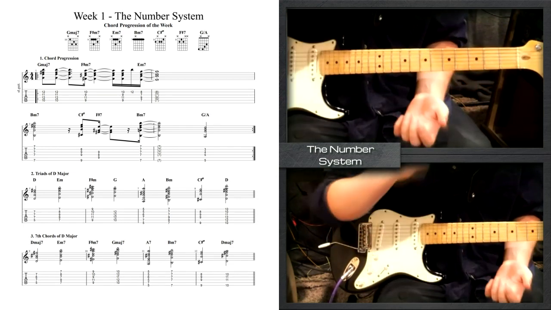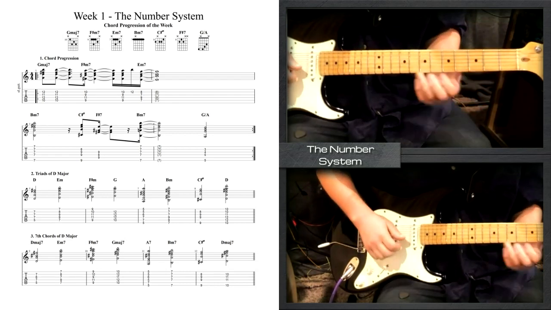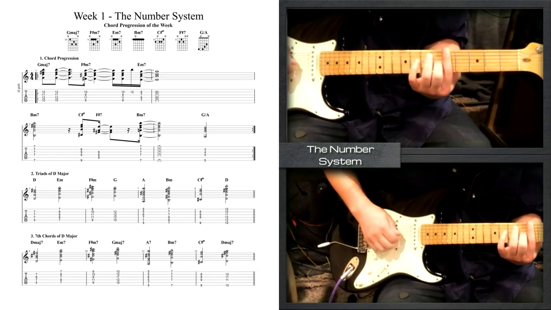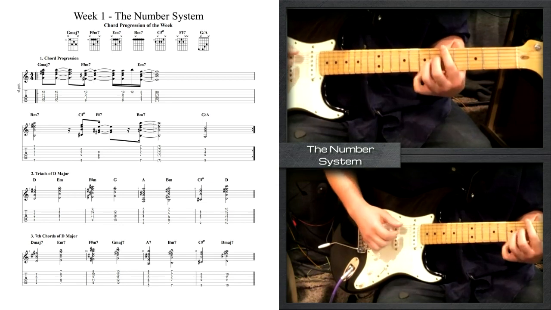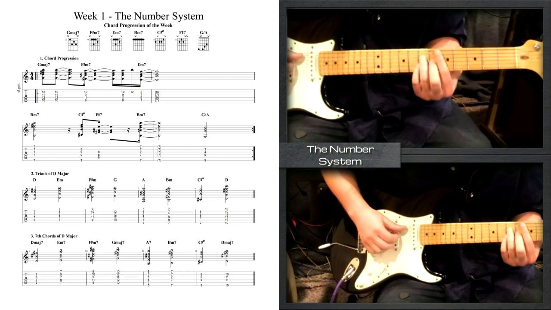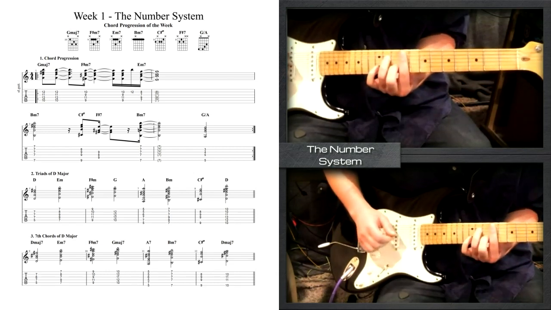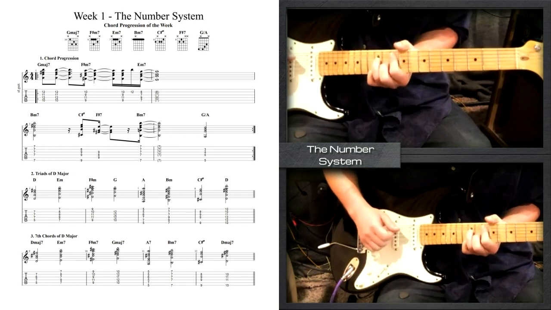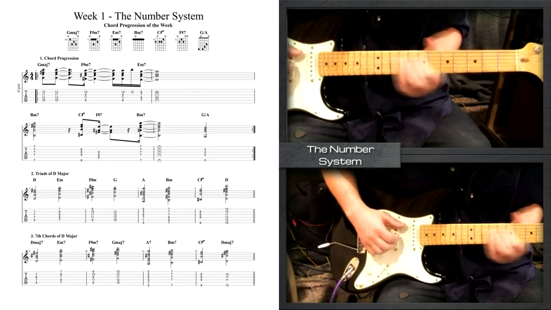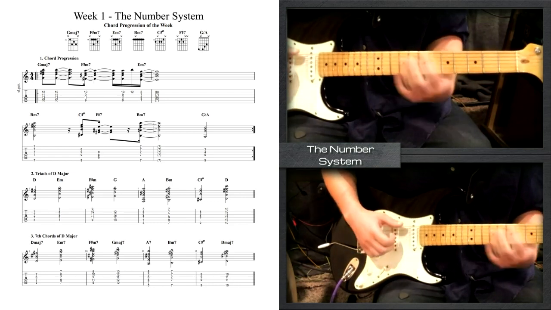And then the only difference that's going to happen here, because remember our triads are the same, is that 7 is going to be a flat 7. So instead of, we're going to get, okay? So 1 chord major 7, 2 chord minor 7, 3 chord minor 7, 4 chord major 7, 5 chord dominant 7.